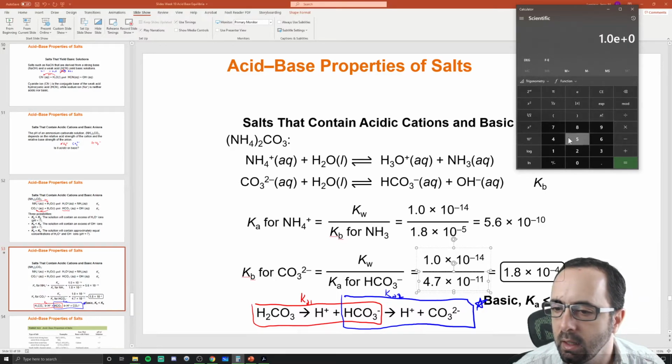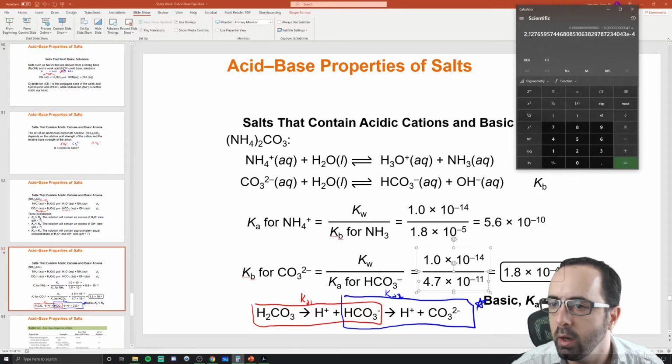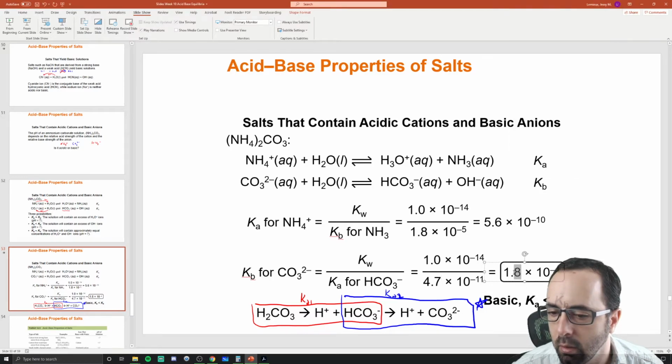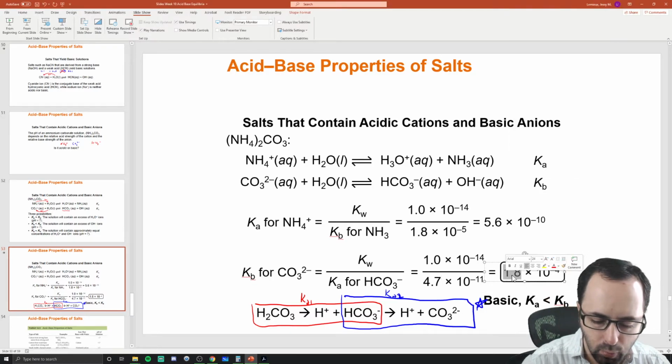1.0 E minus 14, and then divide by 4.7 E minus 11. And so we get, we'll replace this with 2.1 times 10 to the minus 4.